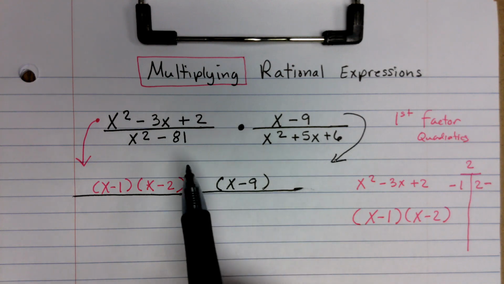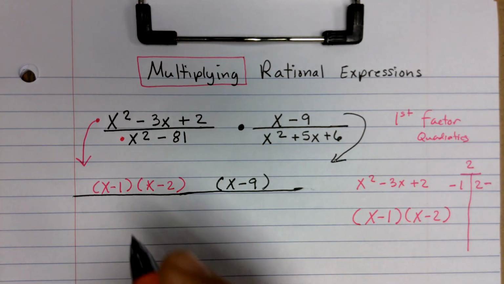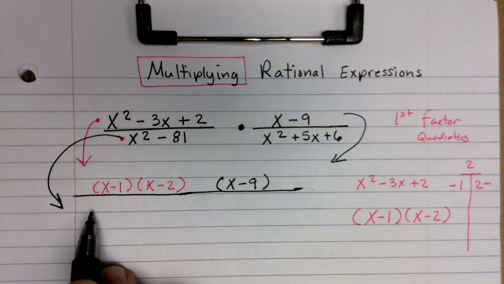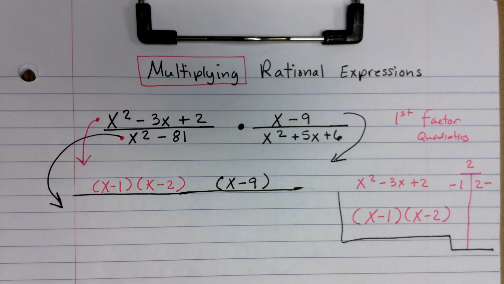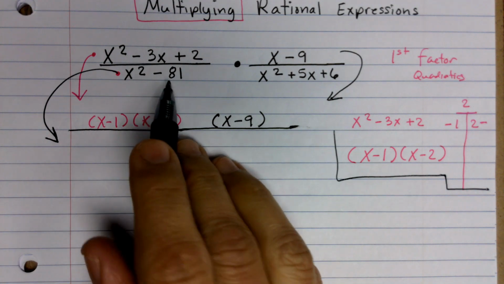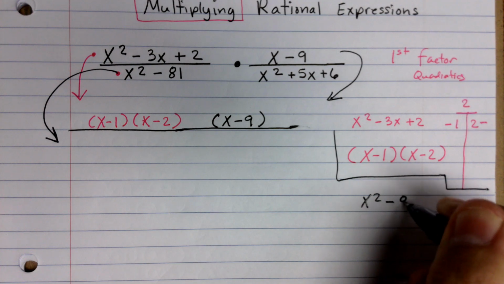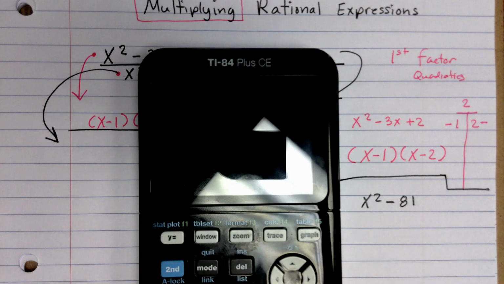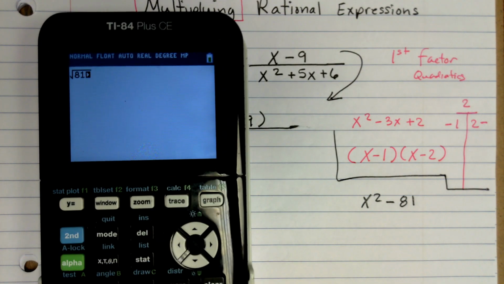Now I'm going to go ahead and factor the next one. So I'm going to factor this one down here at the bottom, this denominator, and then when we get its factors, we're going to take those values and write them in the denominator right here. So let me go ahead and do that. And so this is x squared minus 81. Now, if you're not good at knowing what numbers multiply to give you that c value, you could always take the square root of that number, which will tell you what two numbers were multiplied to give you that value.